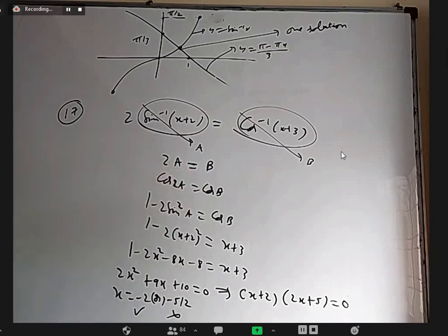This is the solution for minus 2A equal to B. So in this type of question, where we apply sine or cos or tan on both sides, we know that we get extra solutions.